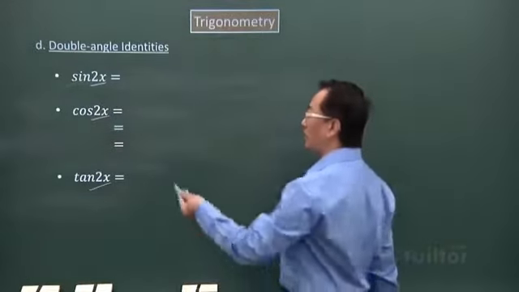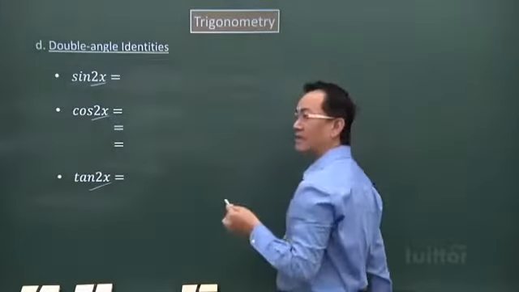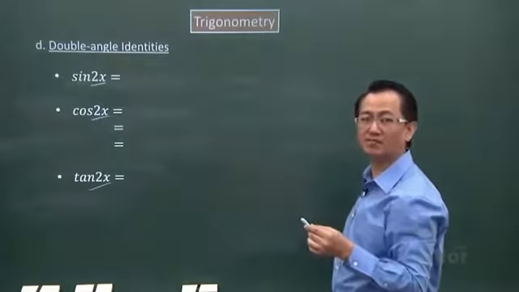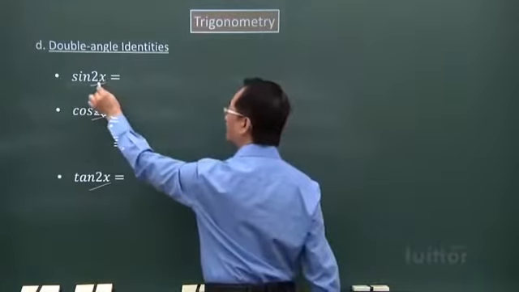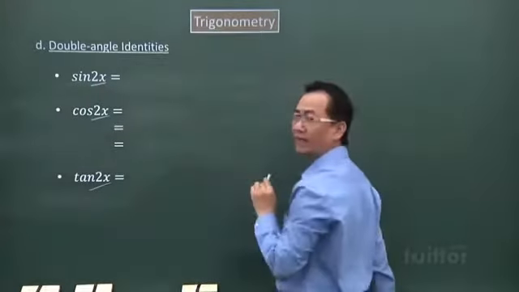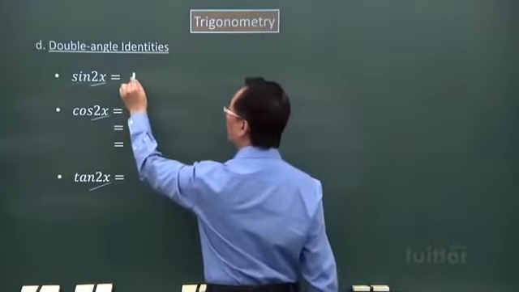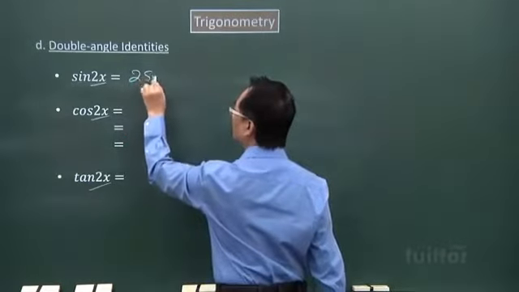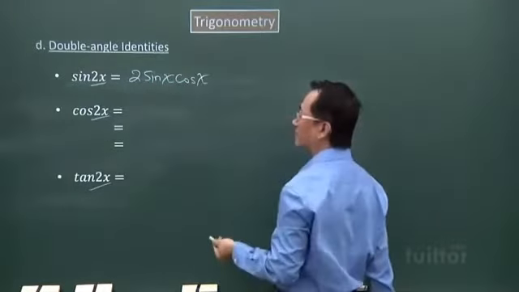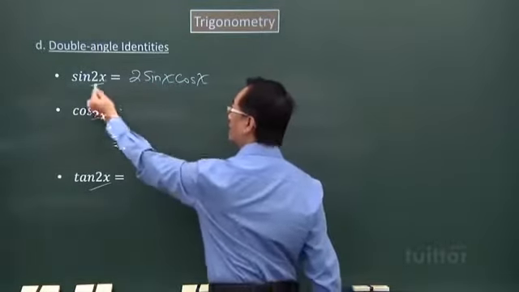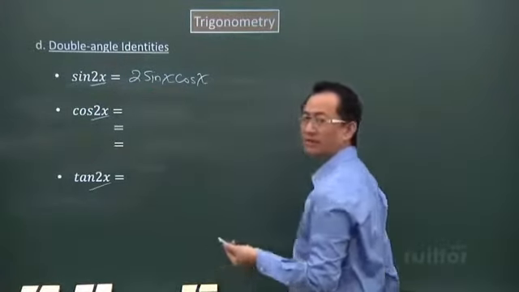So I would expect in the expression over here, the angular expression would just be x, so that this angle is double what I'm going to get. So sine 2x will be 2 sine x cos x. You can see this angle here, 2x, is double of that angle, x.